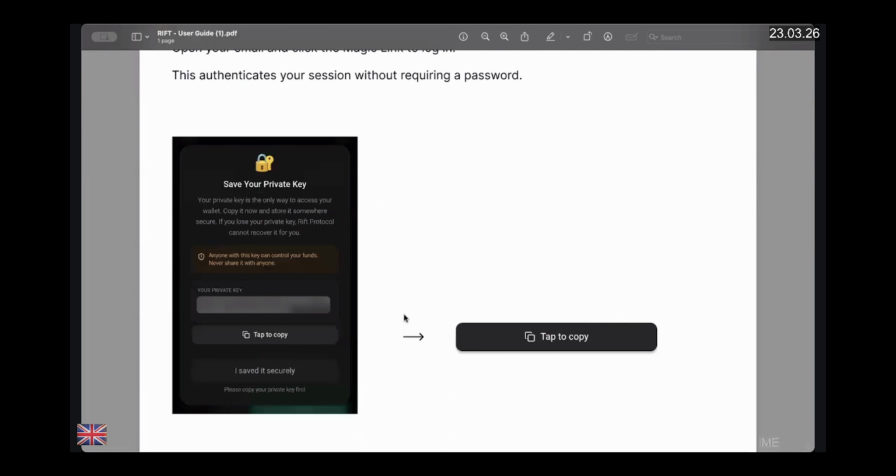So a self custodial wallet is created, and when you copy that private key and keep it safe, that means the wallet's ownership is in your control because you saved the private key with you.